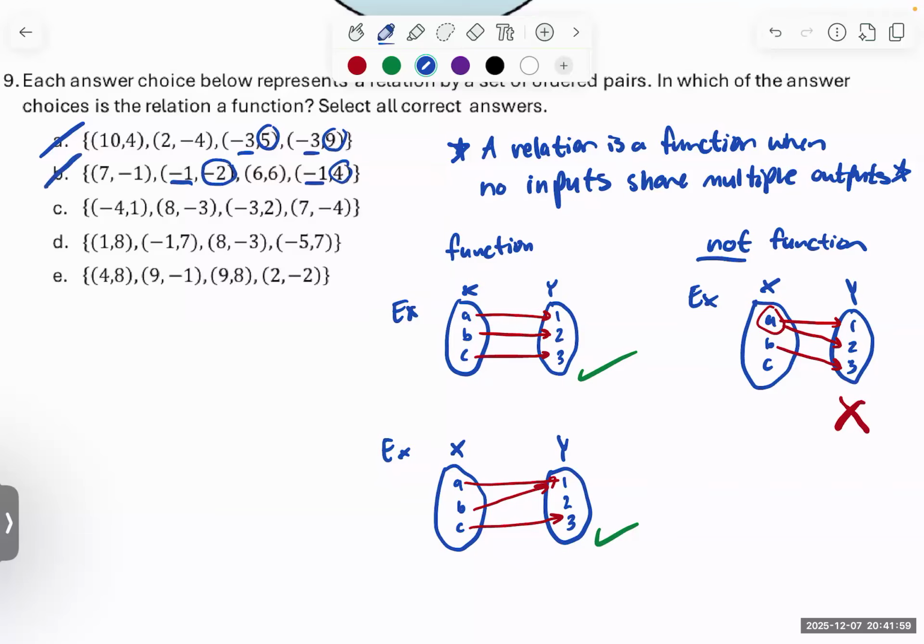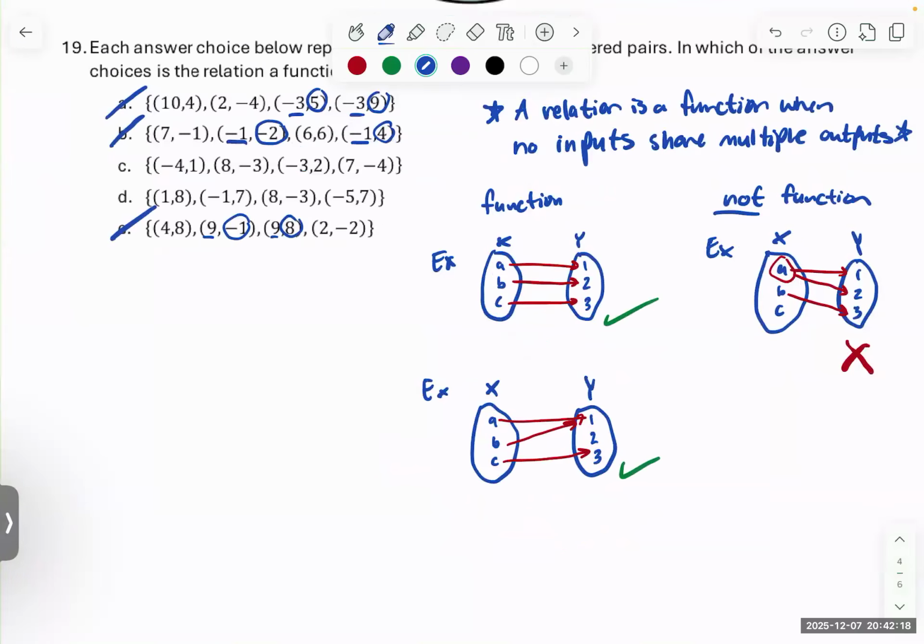It's not that. Let's see, C. Now everything looks good. All the inputs are unique. For the next one, D is fine because all the inputs are unique. For E, we have 9 listed twice and it has two different outputs. It's not the answer. So the only ones that are functions are C and D.